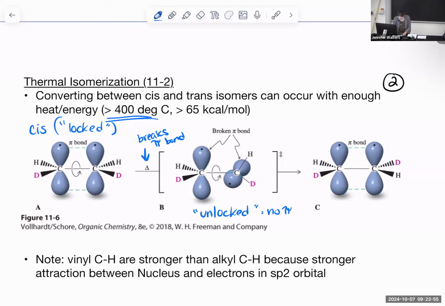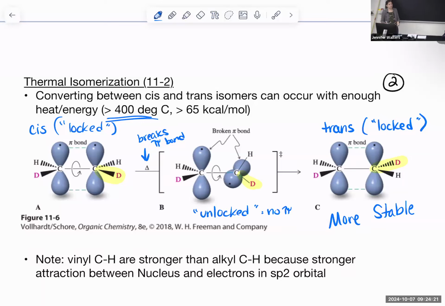And so that's what it's trying to show here, is that deuterium, we see that it flips, so that it now becomes trans, it gets locked again, and it is more stable. So this is not common.